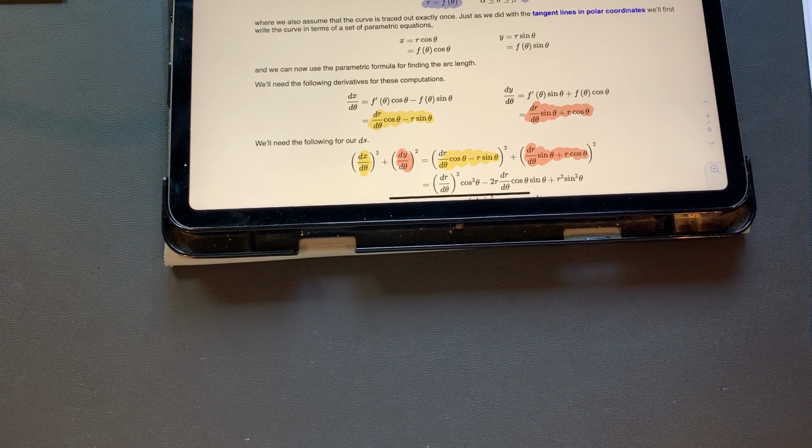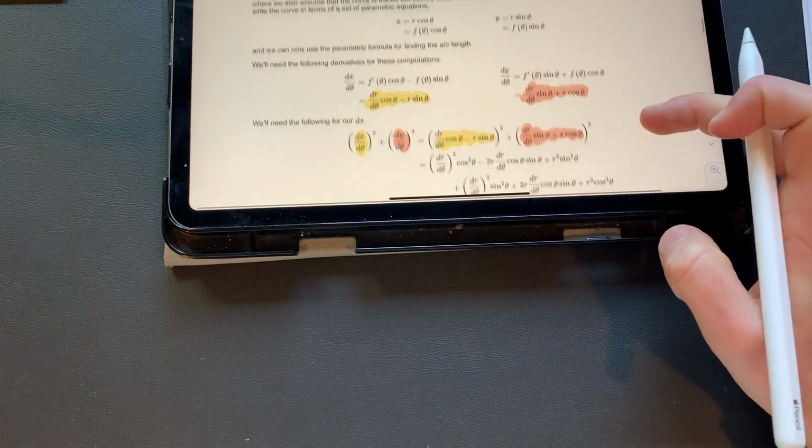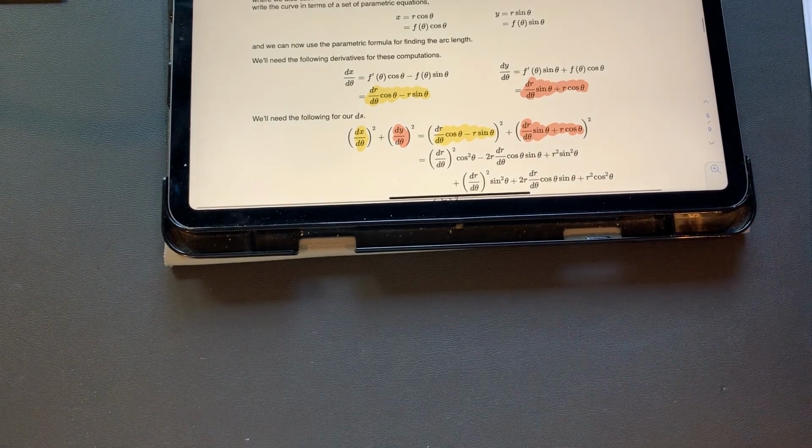That was a little bit of a jump. So if you want to take a minute to work through some of the algebraic and trig work, please do. I'm missing the other half, plus dr d theta squared sine squared theta plus 2r dr d theta cosine theta sine theta plus r squared cosine squared theta. Woof, that's a lot.